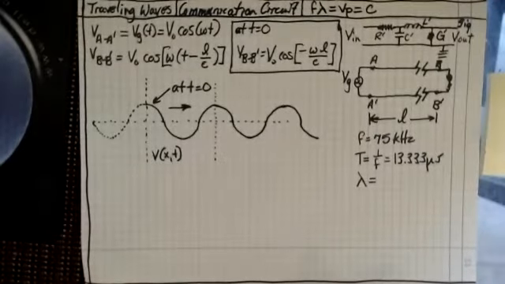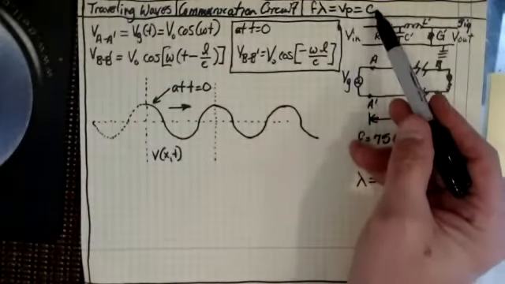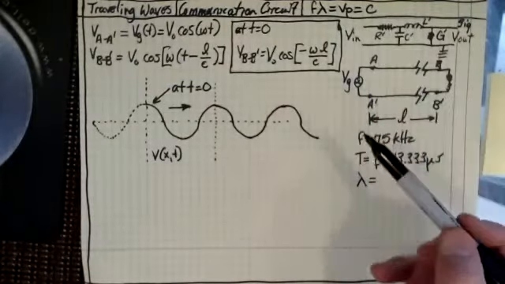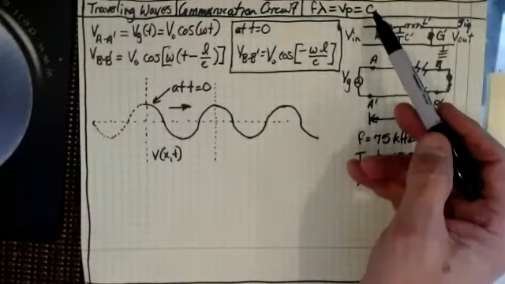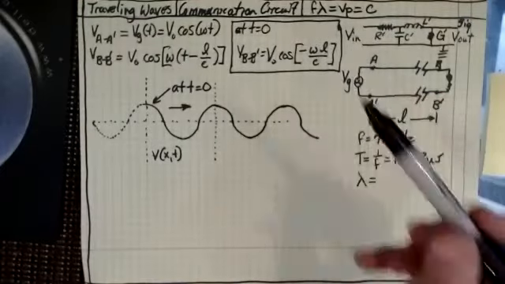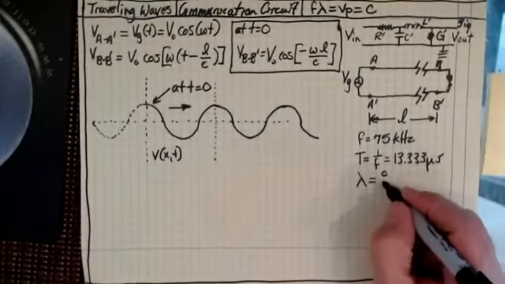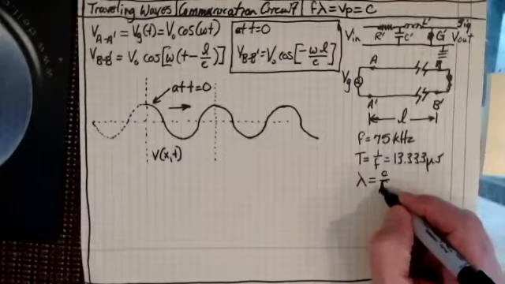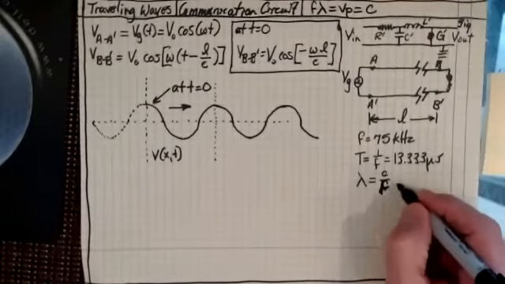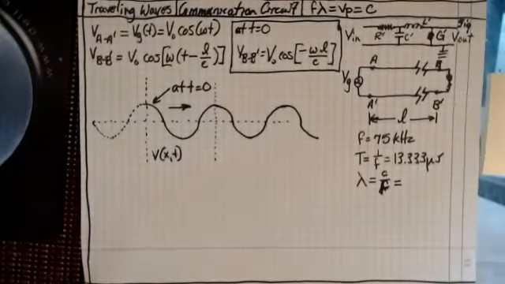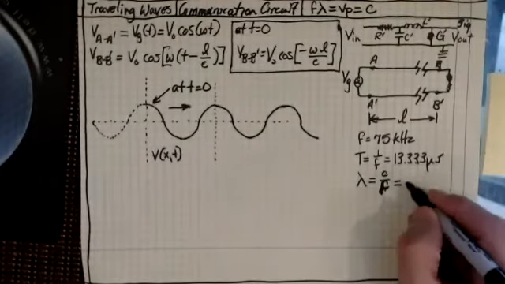So the wavelength then, since we know the frequency times the wavelength equals the velocity of propagation, which equals the speed of light, we can figure out the wavelength, because it's just the speed of light divided by the frequency. Why did I write wavelength?